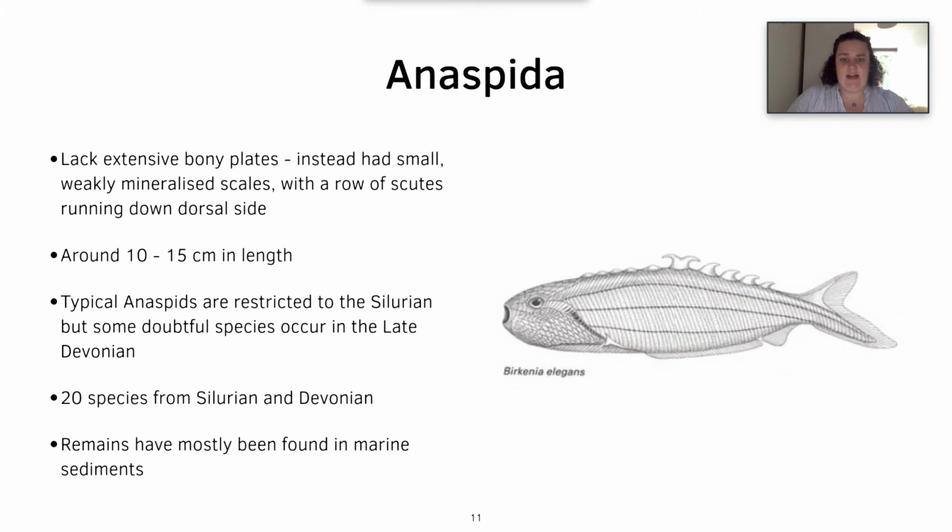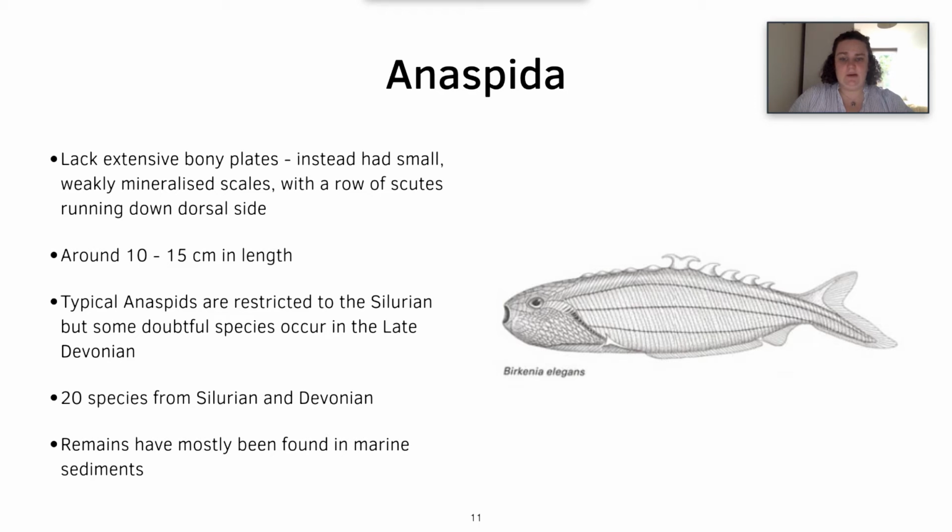So next up we have the Anaspida, which were around 10 to 15 centimetres in length. And there were only around 20 species from the Silurian and Devonian that we know about. They lacked extensive bony plates, and instead they had small, weakly mineralized scales, as well as a row of scutes behind their head running down the dorsal side.